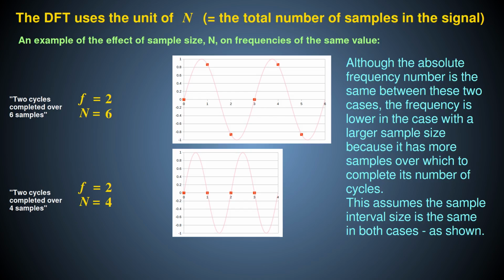For example, f equals 2 is a higher frequency for a signal of size 4 samples compared to f equals 2 for a signal of size 6 samples, as shown. This dependency of frequency on sample size has some important practical implications, but I'll discuss those some other time.